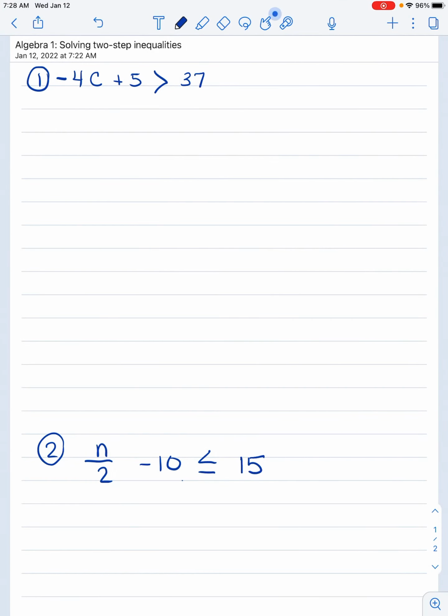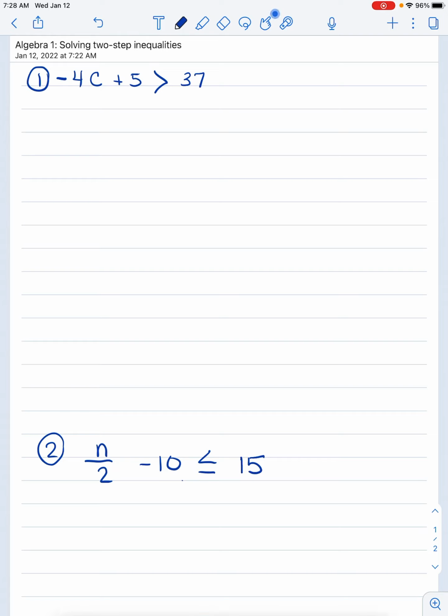Let's look at the ways in which solving two-step inequalities are similar and different than solving two-step equations. So let's look at number one. And again, we're going to solve it basically the same way as a two-step equation.